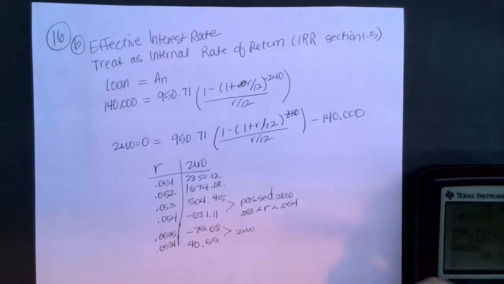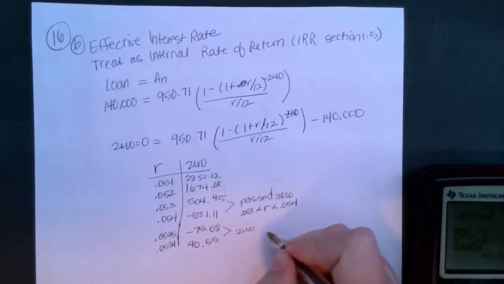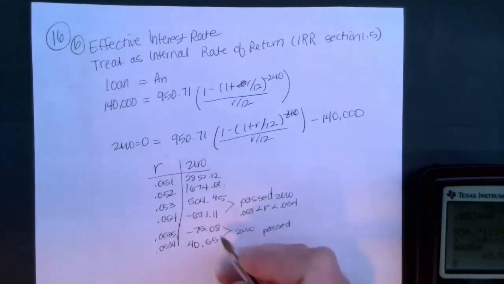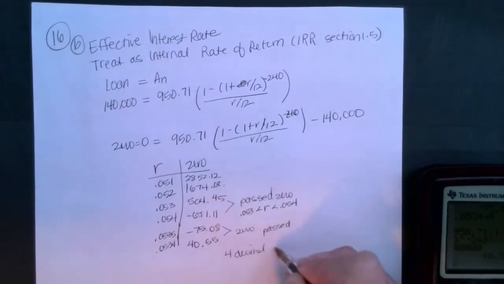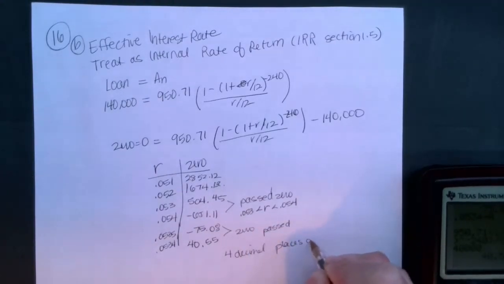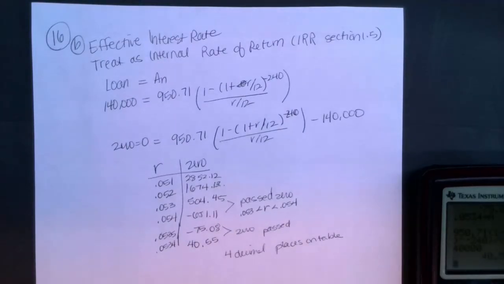So again, we're doing 4 decimal places on the table, and then we pick whichever is the closest to 0.